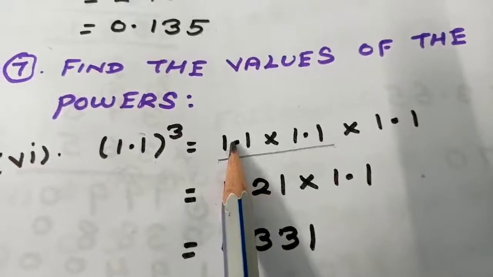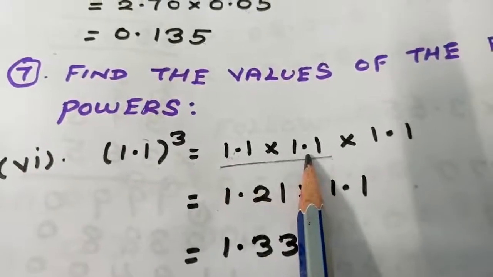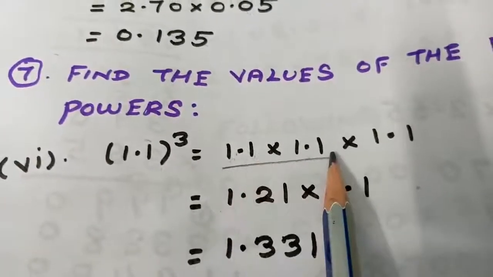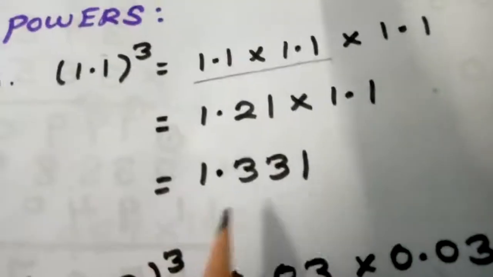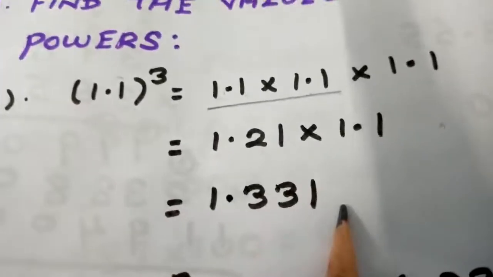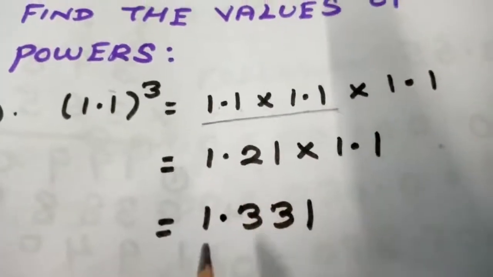Just leave this decimal point, 11 into 11, calculate, you will get the answer as 121. Count the number of digits, 1, 1, totally you have 2 digits, that is 1.21. Take this 1.21, write it in this place here, students. After calculating, you will get the value as 1331. So totally if you see, you will have 3 digits, calculate, you will get this answer.